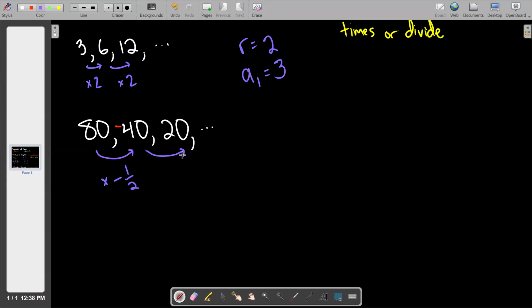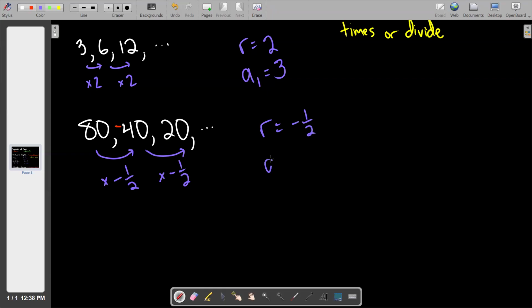When it alternates like this and flip-flops back and forth, you clearly have a negative common ratio. It's the only way to make it happen. So this is another times -1/2. I don't know why that multiplication sign was so big. Apologies. So in this case, what's R?